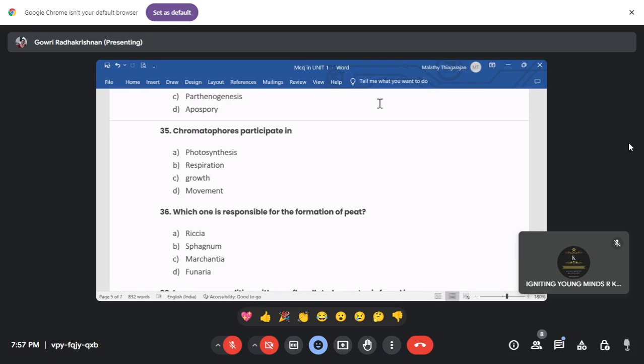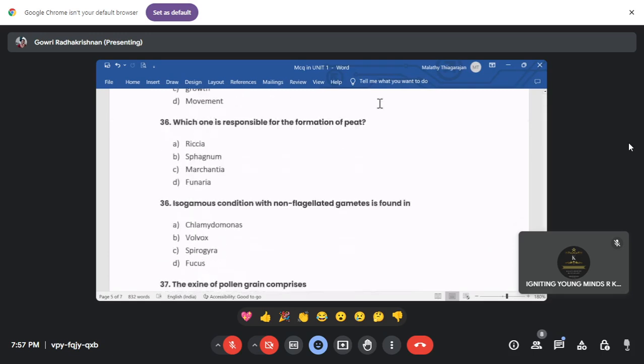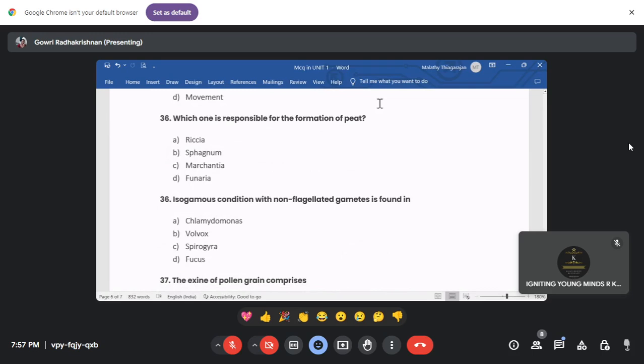Next, which one is responsible for the formation of peat? Option B, ma'am. Yes, B is the right answer.